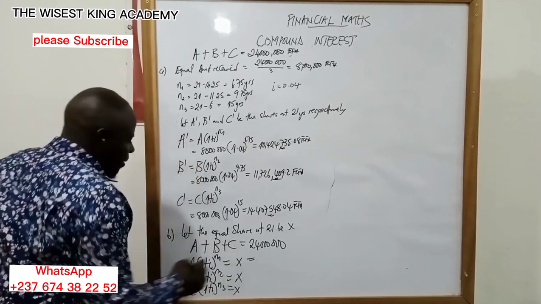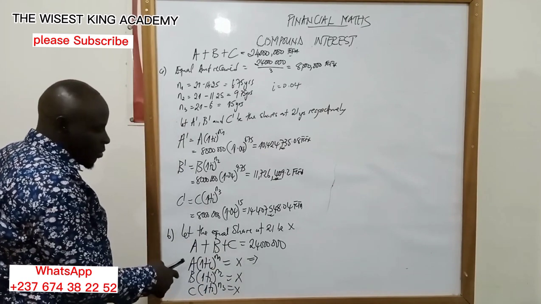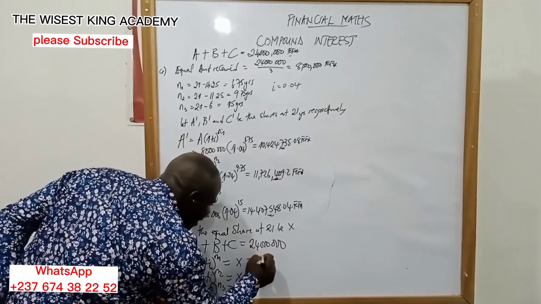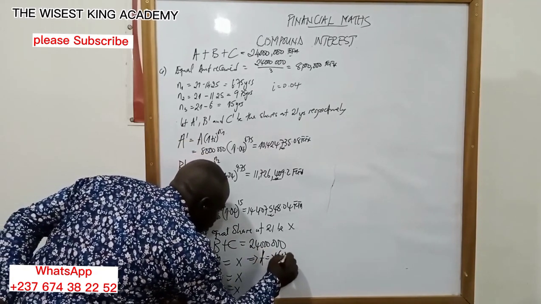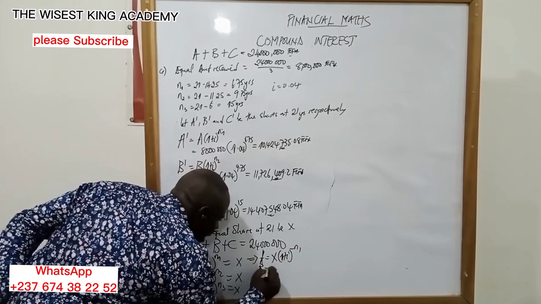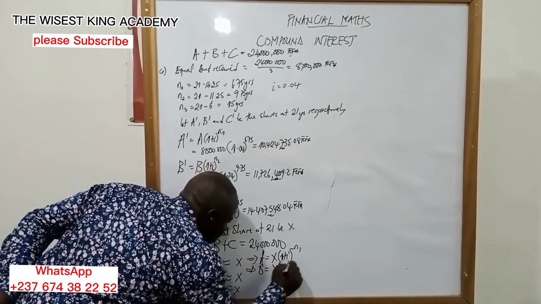Now this implies that if we discount X, n periods will have A. So it means that A here will be equals to X into 1 plus I raised to the power negative n1. B will be equals to X into 1 plus I raised to the power negative n2.